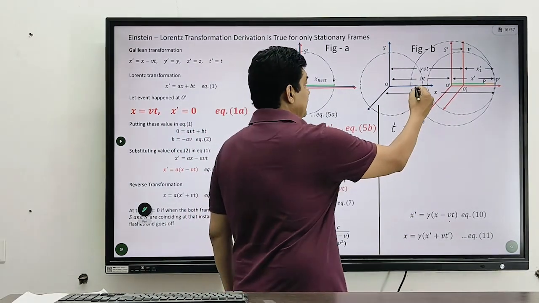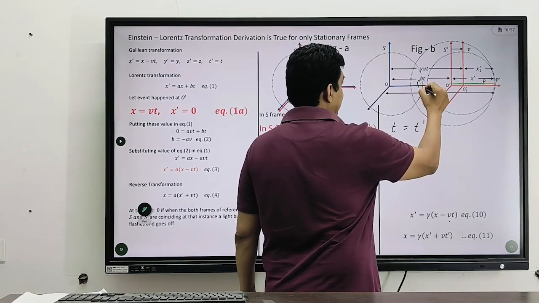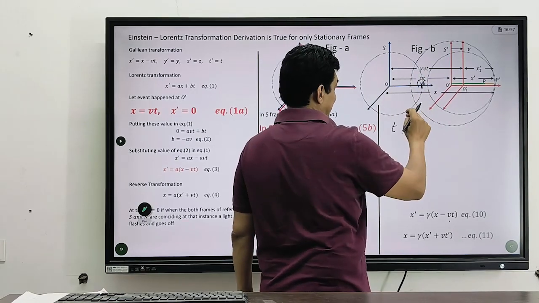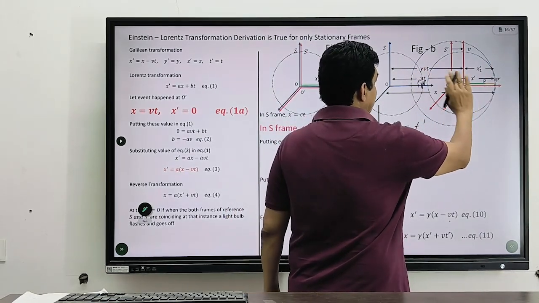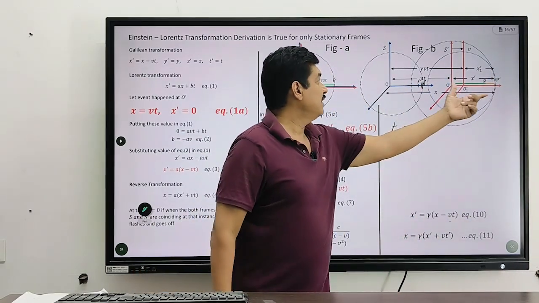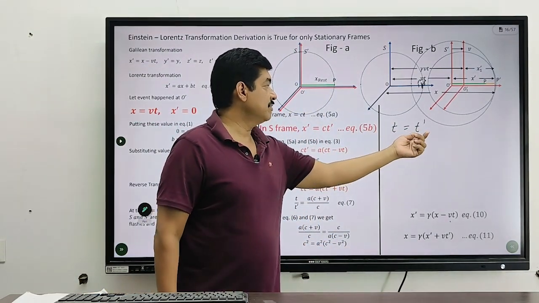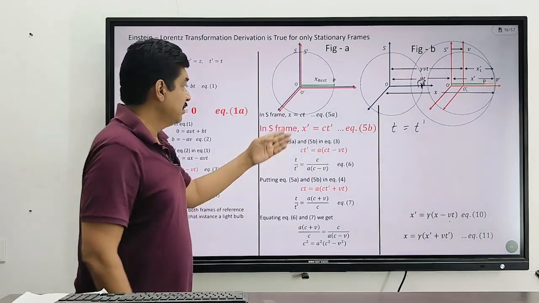So someone may have also marked a point P here. They will check the timing here and they will check the timing there. Because it has moved, the time is also the same. So this time and this time will remain the same. So there is no time dilation. So t is equal to t'. So this is also a wrong assumption.